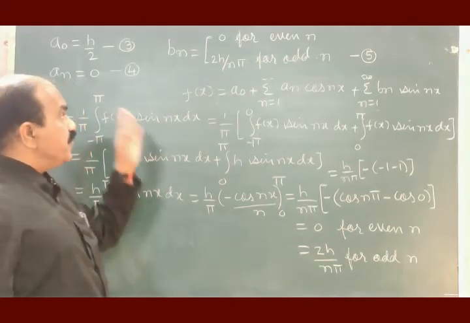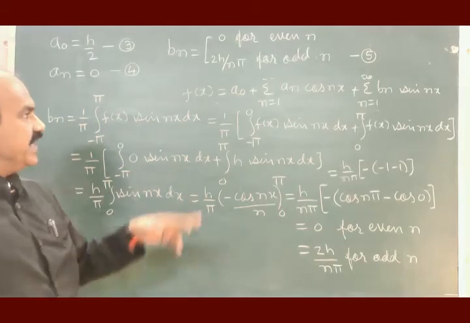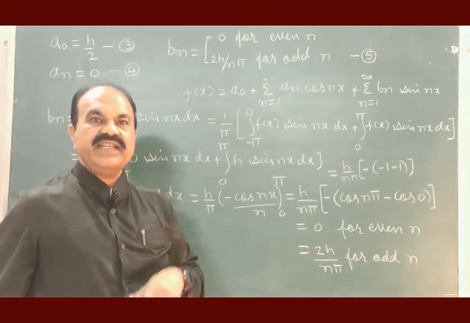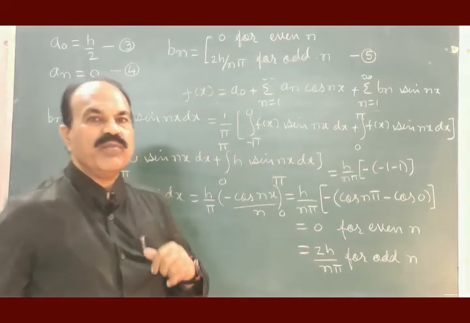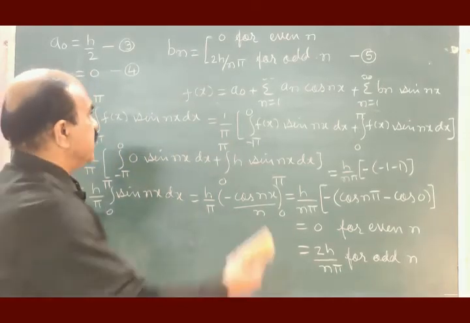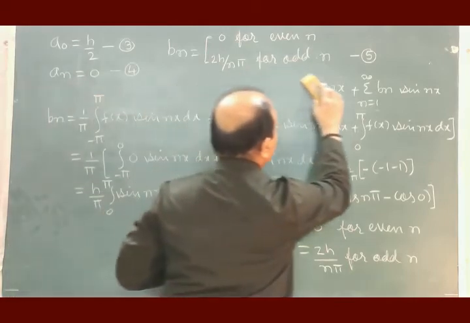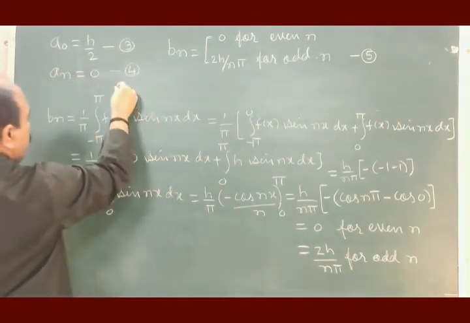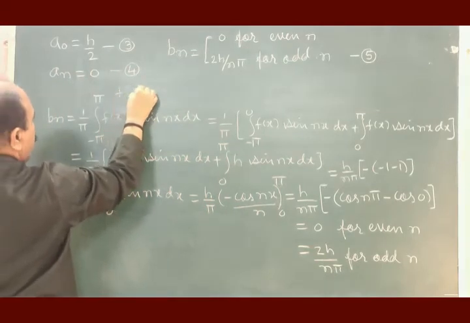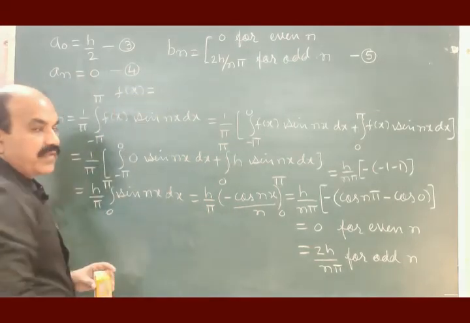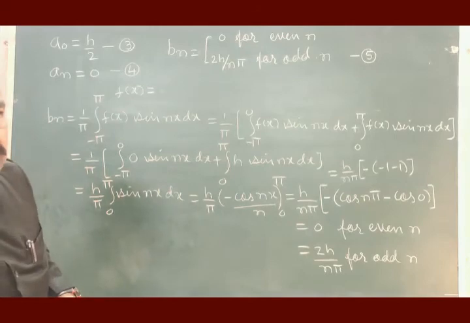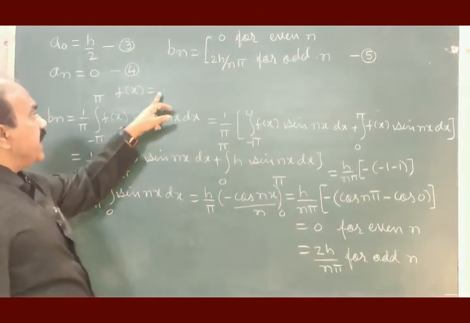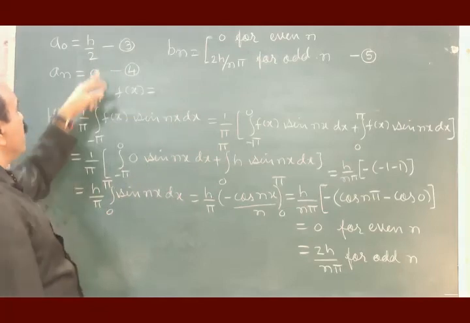Now, use these coefficients in equation 2 to represent the square wave in the form of Fourier series, and therefore f of x for square wave is equal to A0. What is A0?